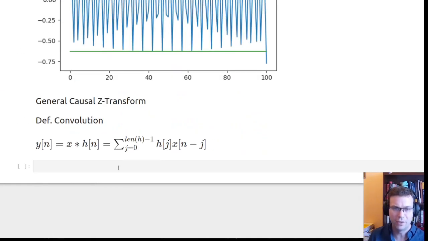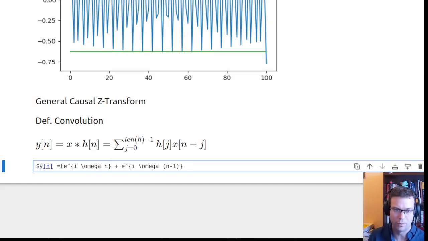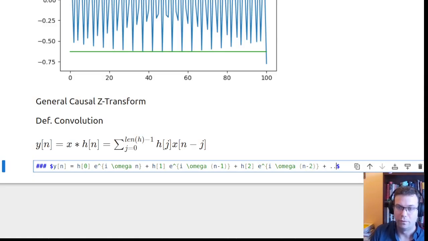And so if we go back to the general definition of convolution, let's say we have some arbitrary impulse response here, what we can say is that, in general, y of n is going to be h of 0 times e to the I omega n plus h of 1 times e to the I omega n minus 1 plus h of 2 times e to the I omega n minus 2, and so on and so forth.